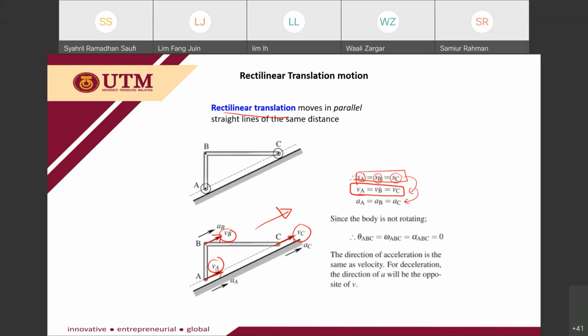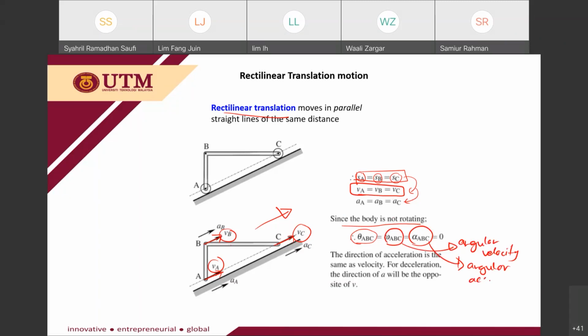So if you differentiate the displacement, you get the velocity, the same velocity for each point in the body. Since the body is not rotating, you will have no angle, obviously, because your rigid body just moves in a straight line. If you have no angle, then you have no angular velocity, and no angular acceleration. Angular velocity means the velocity due to the rotation, and this is the angular acceleration.